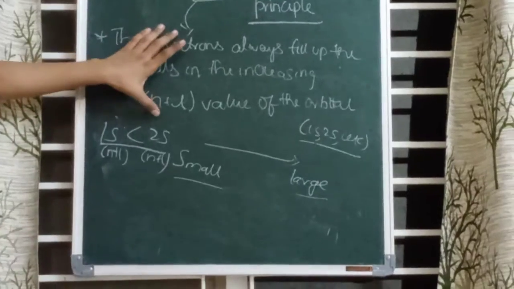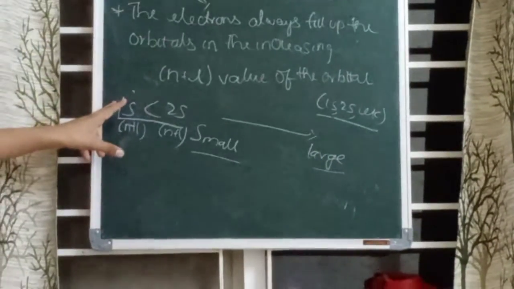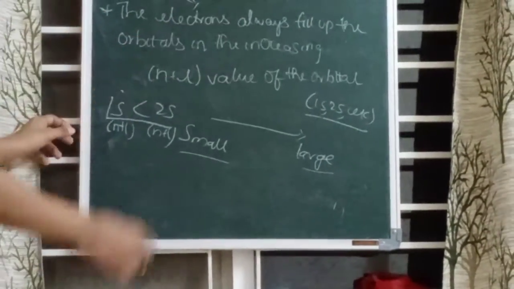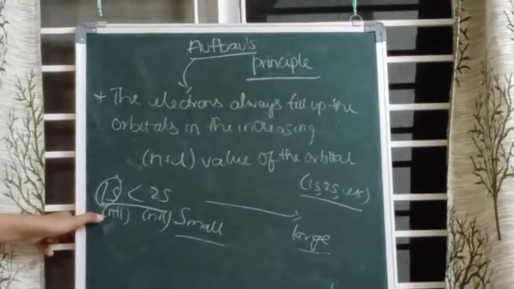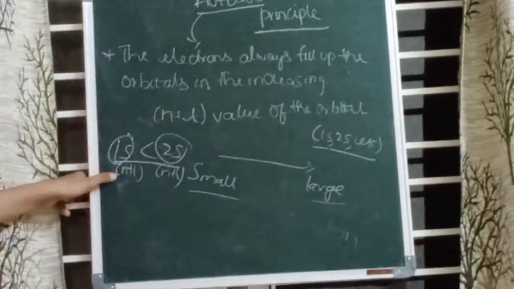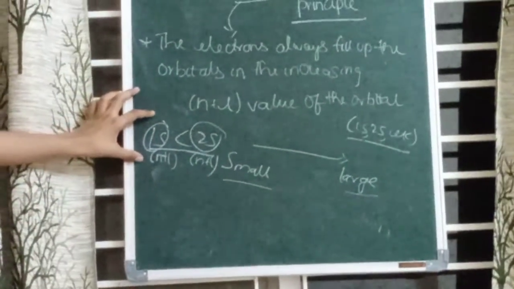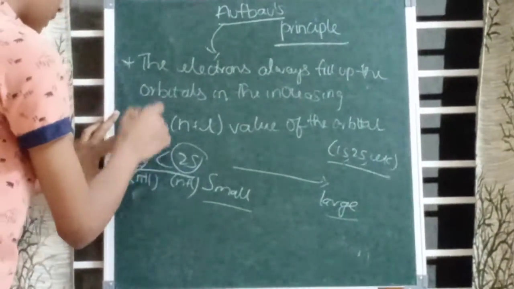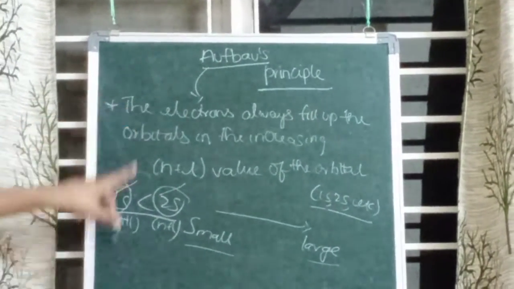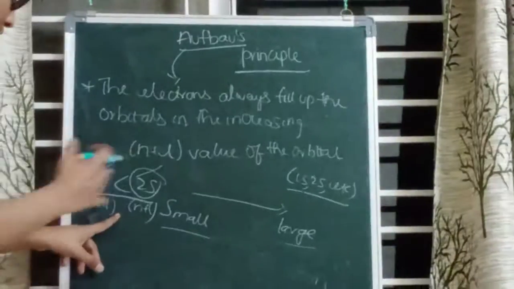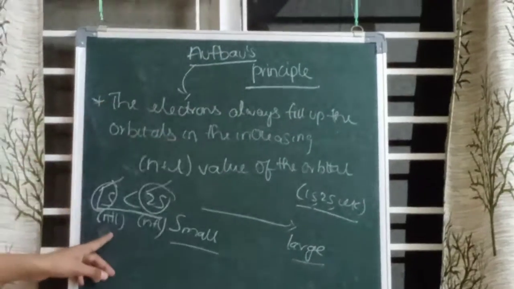That is the statement, which I have explained with an example. It states that, for example, if the n plus l value of 1s is less than that of 2s, then the electrons will first fill the 1s orbital and next the 2s orbital. From this example we can understand the statement.